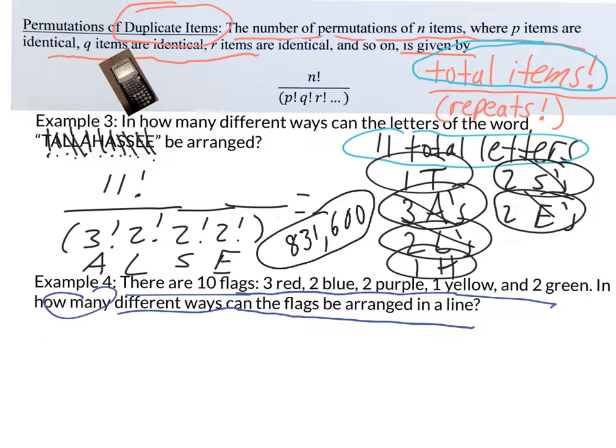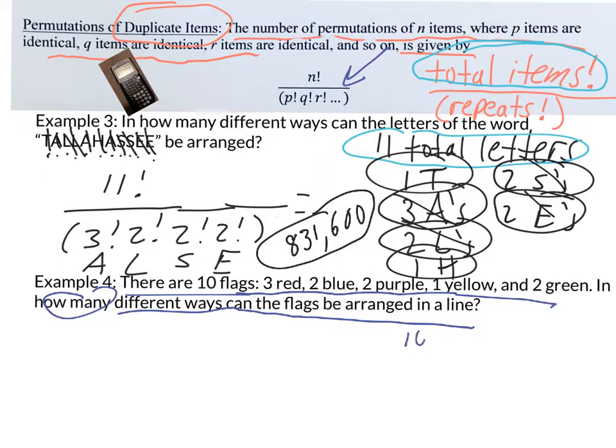So even though you're rearranging all the items in a line, it's not just the n factorial formula from the previous slide, because some of the colors repeat. We got duplicate colors. So that's our cue to use this duplicate items formula where we have factorials all over the place. Just like with the last example, I'm going to write the game plan off to the side first.